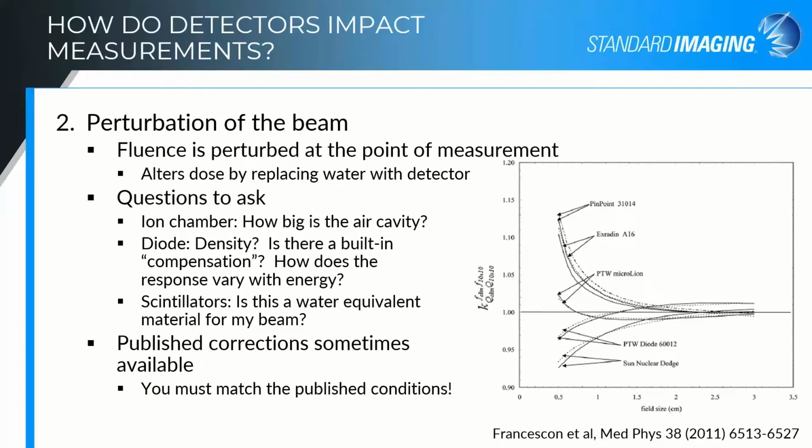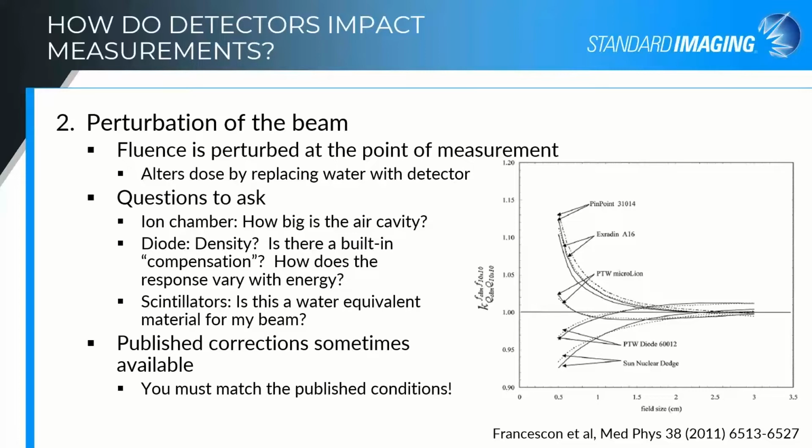What sort of materials are you putting into the field right there at the point of measurement? Perturbing the fluence of the beam itself, you're really altering your dose just because of the fact that you're replacing water with your detector. And I know everyone really knows this, but it's good to refresh ourselves once in a while. So when you're looking at detectors and considering the perturbation, really there are several questions you should ask yourself.